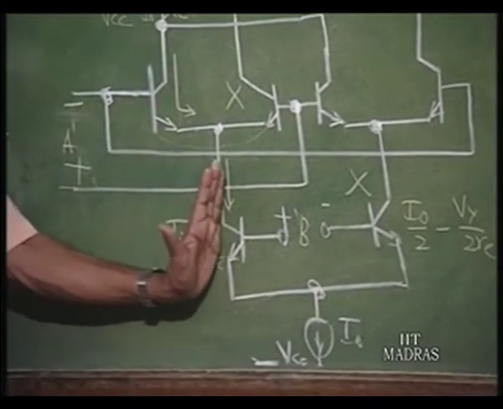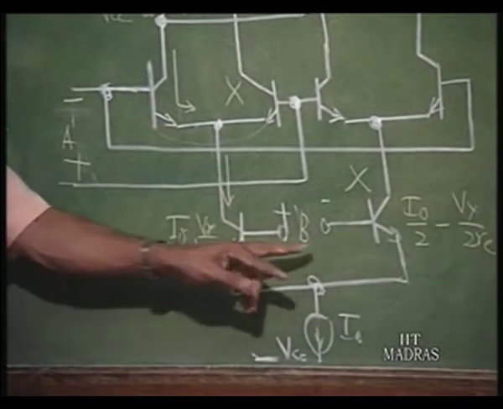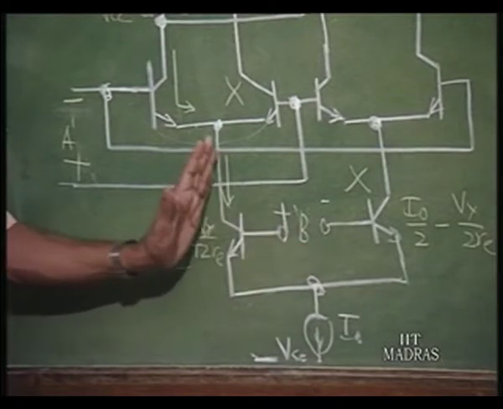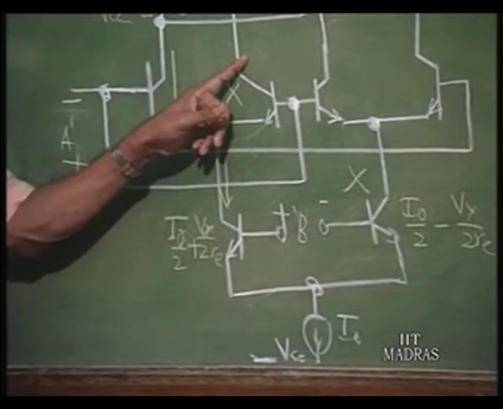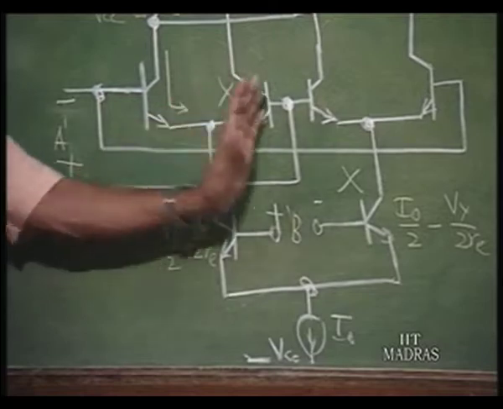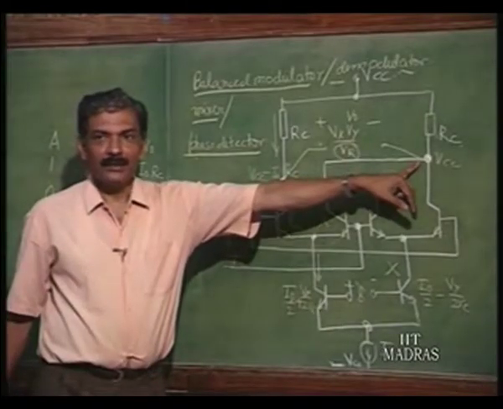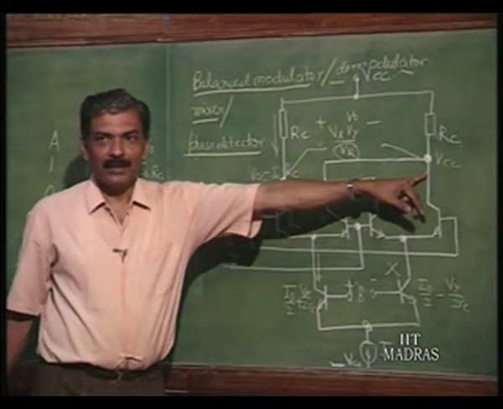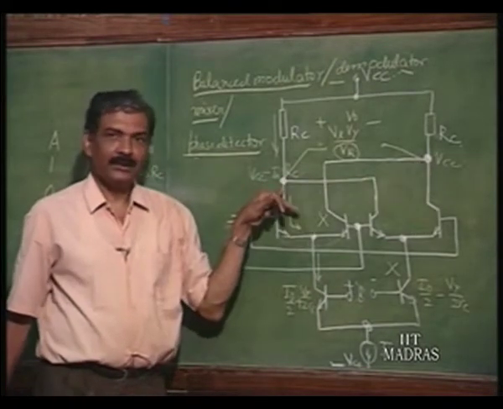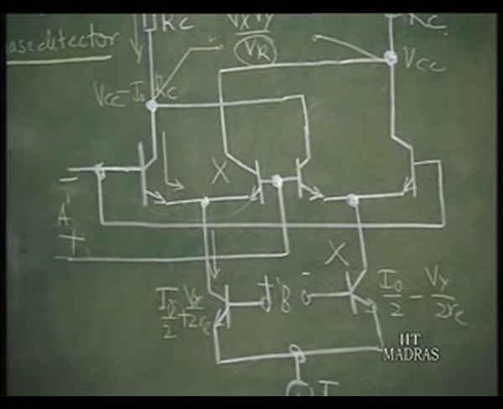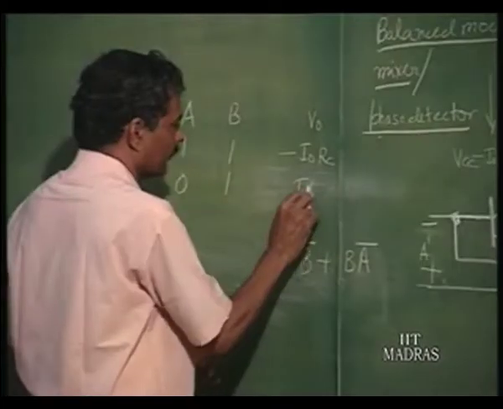This current has already come here because this has remained the same. This current is now going to pass through the other transistor. This entire structure is off. So, this polarity will now change and here it will be VCC minus I naught RC and this will be VCC. So, this is going to be I naught RC.